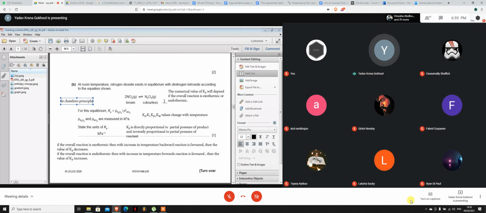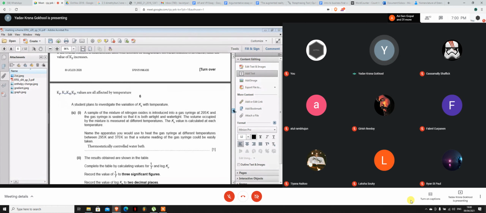If delta H is exothermic, an increase in temperature will give me brown and the value of Kp will decrease. A decrease in temperature will give me a higher Kp and colorless. So you just apply your Le Chatelier's principle with a change in temperature.